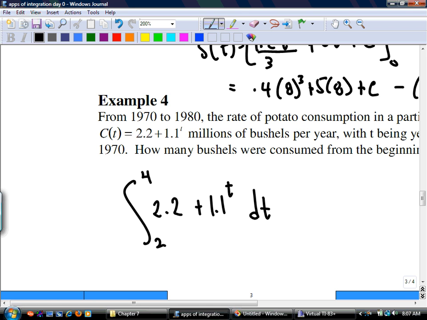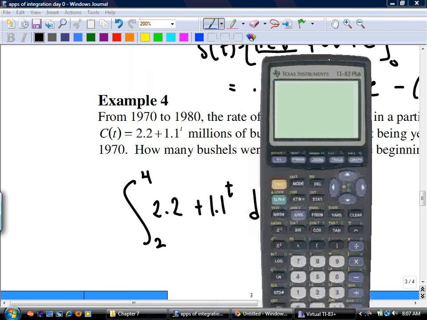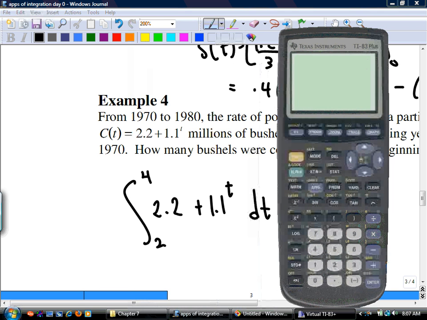Now, did I do anything about antiderivatives of 1.1 to the power of t? No, so maybe we should graph this. Yes. Let's do a little graphing.